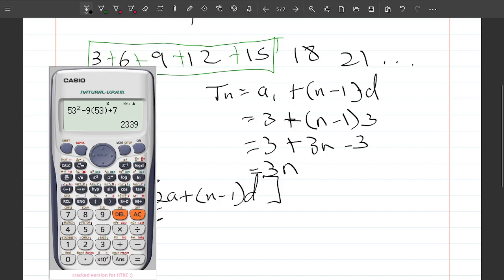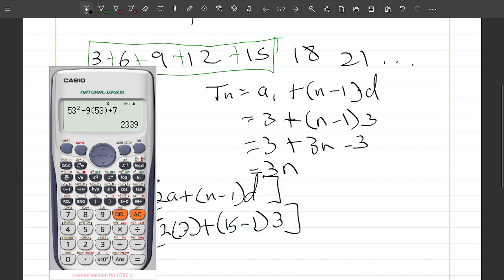So I've got 5 over 2, and then 2a, where a is the first term that I'm adding within this series, which in this case is 3, plus my n minus 1, which is 5 minus 1. My common difference is 3. We have it there.